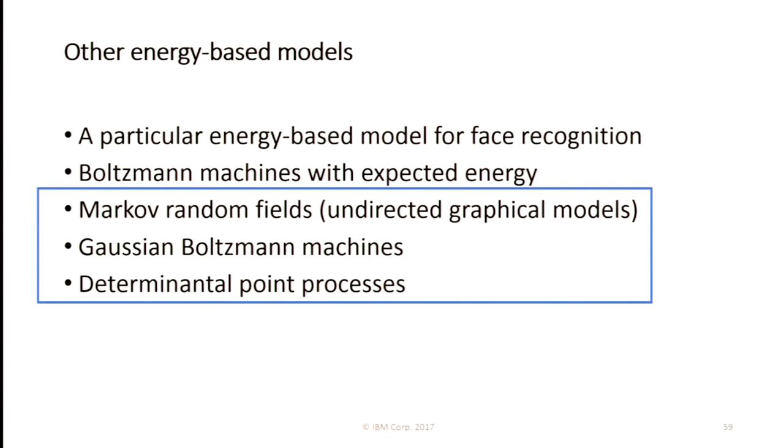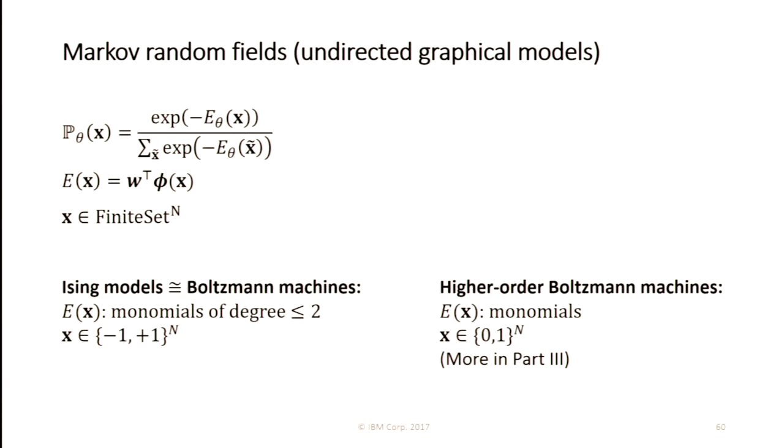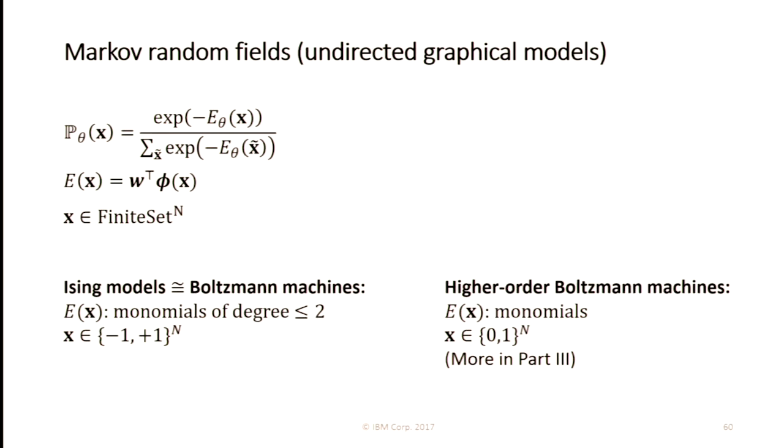I'll quickly go through other related models just for completeness. Markov random field is a natural generalization of the Boltzmann machine. In this case, the energy has this more general expression of a linear combination of features of input patterns, and input patterns can take values from a finite set instead of just binary values.